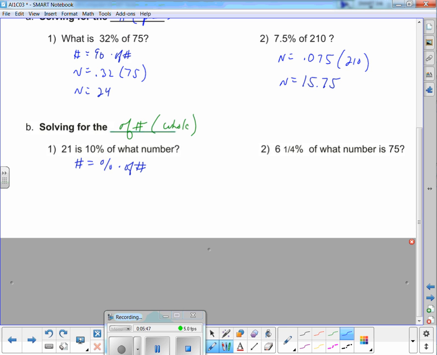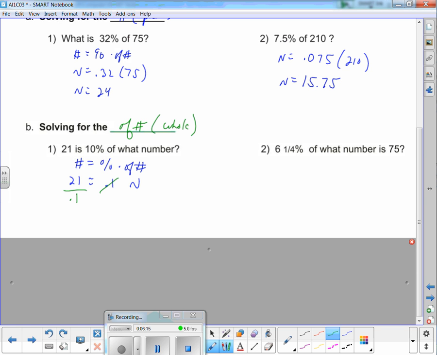Anyhow, all right. So let's go ahead and do this problem. 21 is 10% of what number? Well, that makes obvious where the variable goes. The variable is the of number. 10%, 0.1 or 0.10 if you want. 21 is the number. So again, we're simply going to divide the other side by 0.1, right?